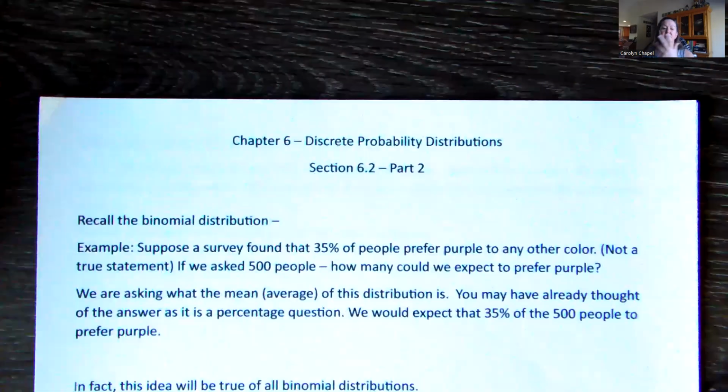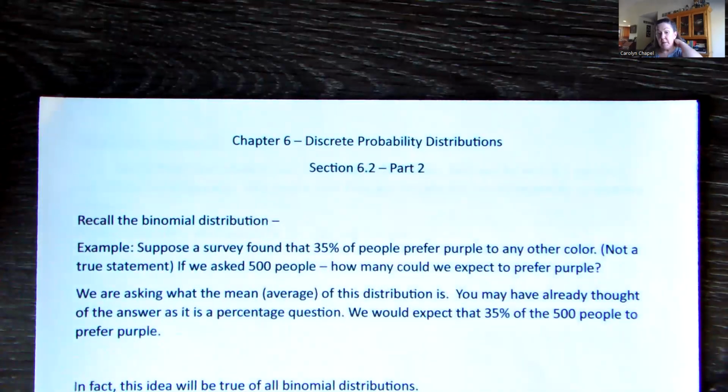But let's say we have a survey and it says that 35% of people prefer the color purple to any other color. And again, this is not a true statement. It's just one I made up. But let's just suppose that 35% of people prefer the color purple. Now, if you asked 500 people, how many could we expect to prefer purple?